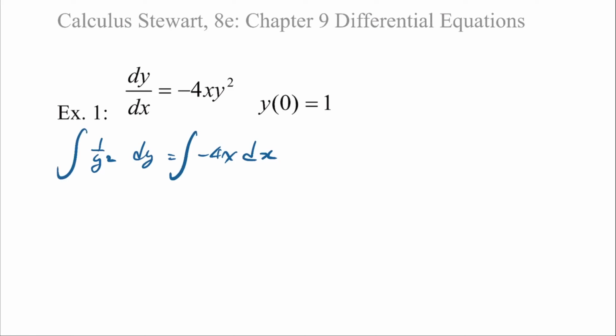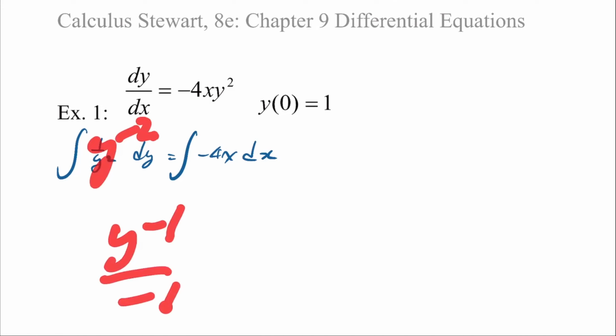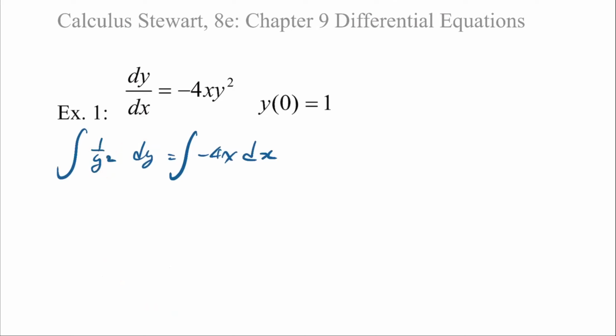Now, this one is a y to the negative 2. The antiderivative is you add 1 to the exponent and divide by the resulting value. As it turns out, the antiderivative of that is y to the negative 1 divided by negative 1, right? So that is equal to negative 1 over y plus C1. The next one is what?